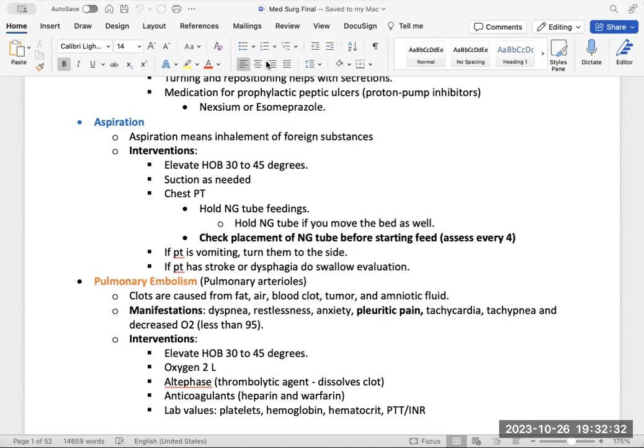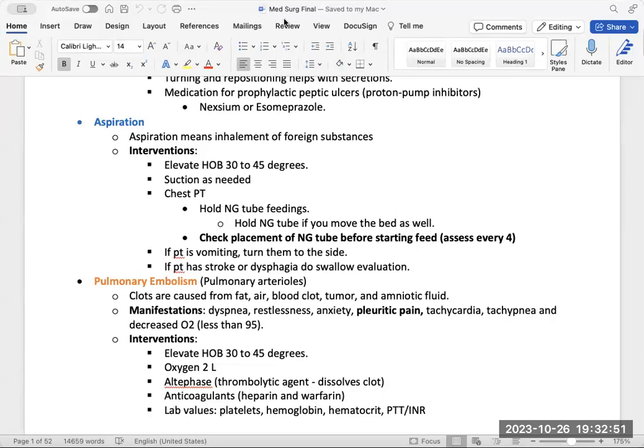Are there any others? We could do a chest x-ray to assess if they have that. Yes.